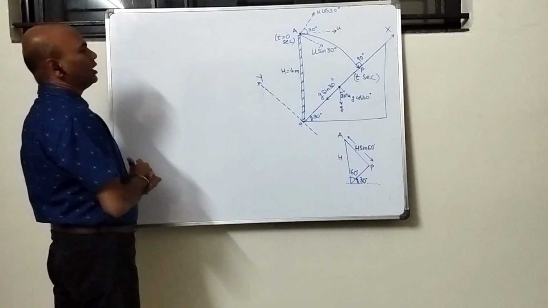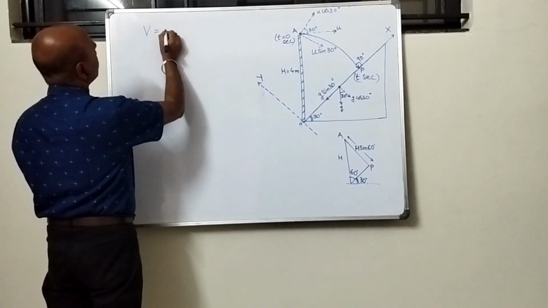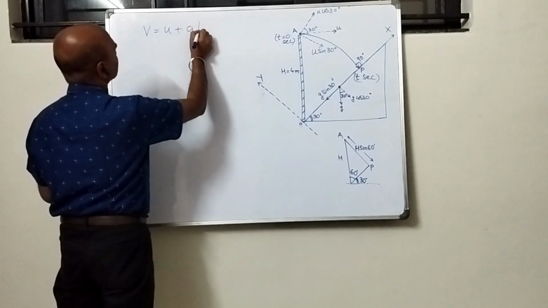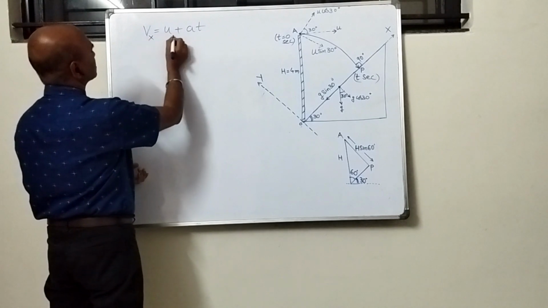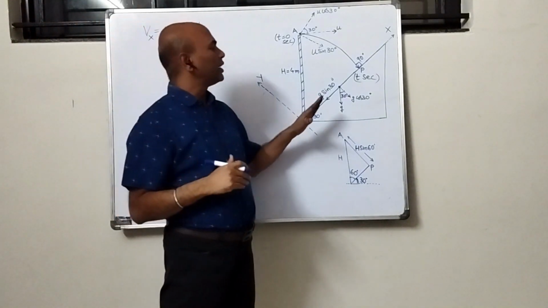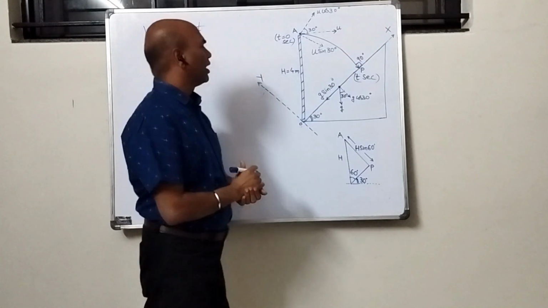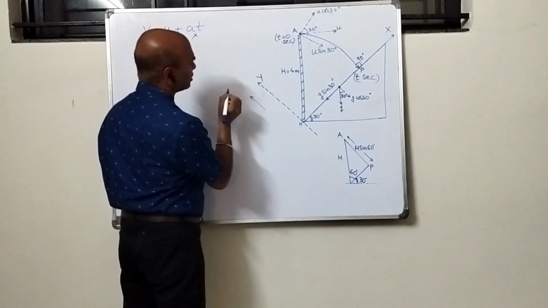So now if we consider the equation v is equal to u plus at, and I consider this equation along the x-axis. For me, the x-axis is along the inclined plane, and let us also assume the sign convention like this.